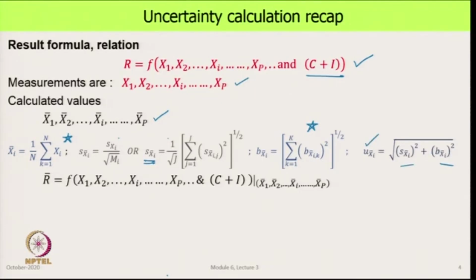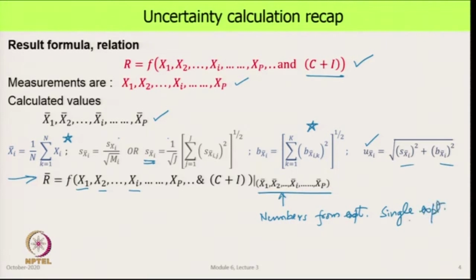So, this was all about the measurement, and then for the result we start with the result formula, and in that formula we substitute all these parameters with their mean values that we got from the experiment. So, these are the numbers, and these numbers came from experiment, and this is a single experiment.